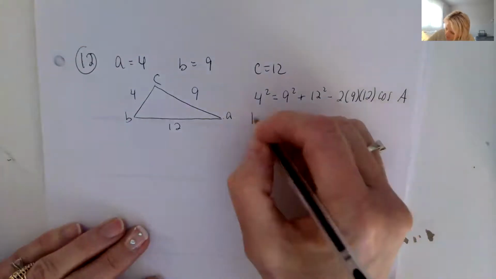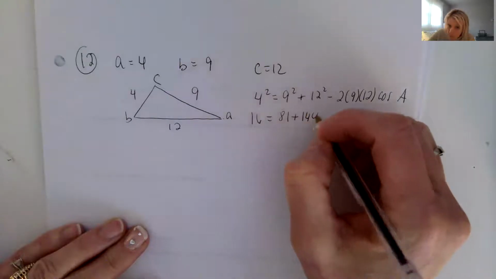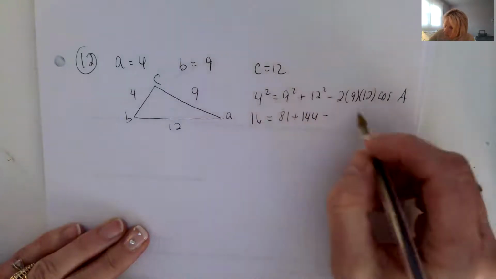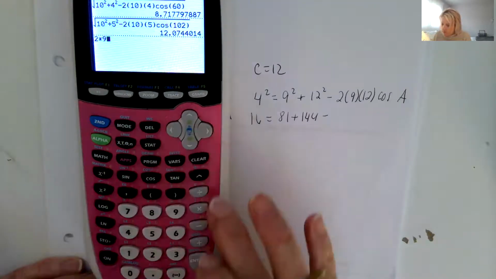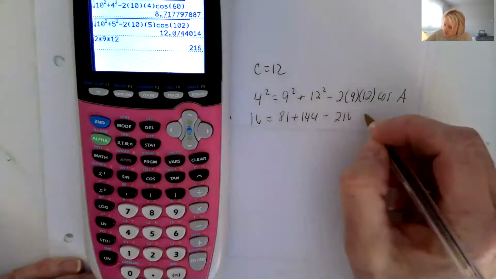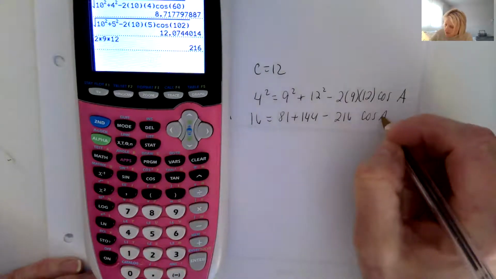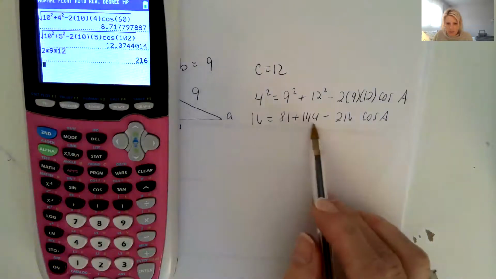So we're going to have 16 equals 81 plus 144 minus 2 times 9 times 12, so 216 cosine of A. So we're going to subtract the 81 and 144.